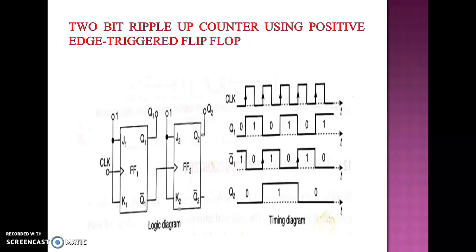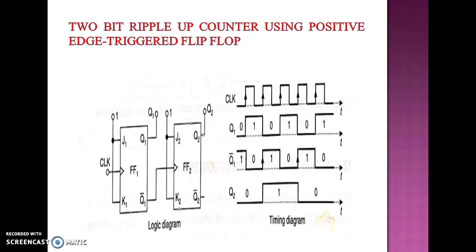The external clock signal is applied to the first flip-flop. The first flip-flop toggles at the positive going edge of each clock and flip-flop 2 toggles whenever Q1 bar changes from 0 to 1 state. Transition occurs at the positive going edge of the clock pulse.